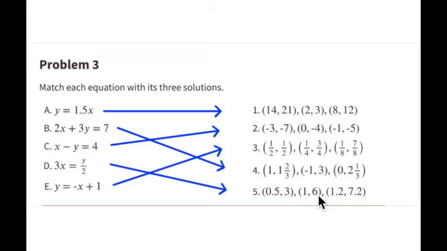What's 6 divided by 2? Well, that's 3. What's 3 times 1? That's 3. So 3 equals 3. What's 7 2/10 divided by 2? Well, 7 divided by 2 is 3 5/10. So 7 2/10 divided by 2 is going to be 3 6/10. And 3 times 1 2/10 is 3 6/10.